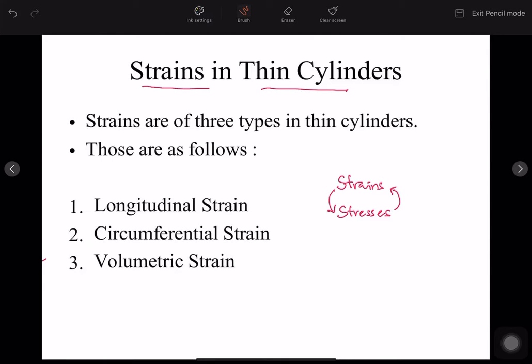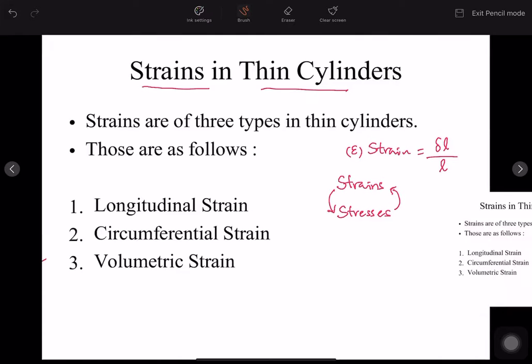So till now we have discussed about the stresses only in thin cylinders, and now we are getting into the strains part. So generally strain can be written as change in dimension by original dimension, and it is denoted by epsilon.